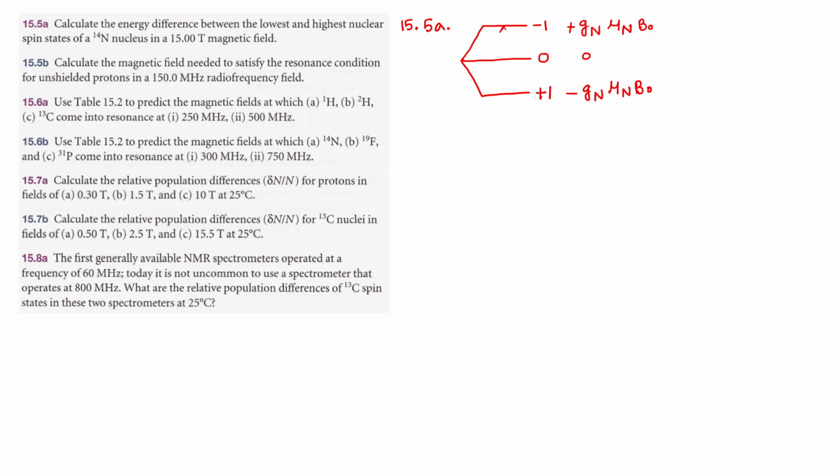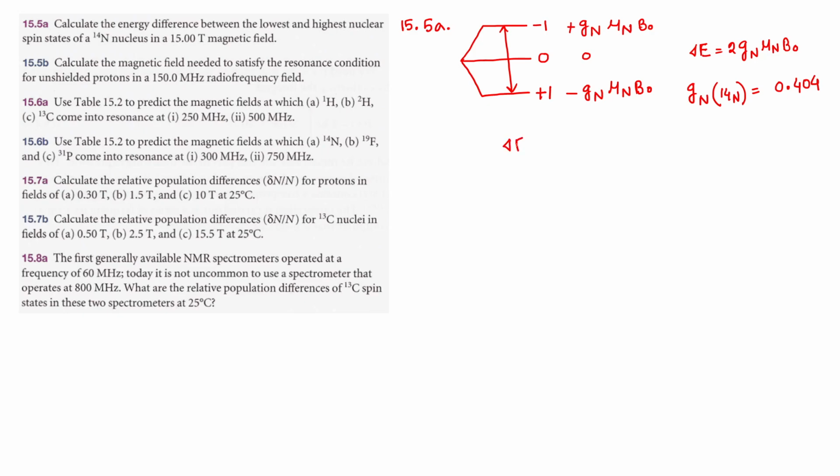So the energy gap between the lowest and the highest is actually 2 Gn mu n B0. B0 is given. Did we discuss the Gn for 14N? I don't think we have done, but let me mention it here. The G value for 14 nitrogen is 0.404.